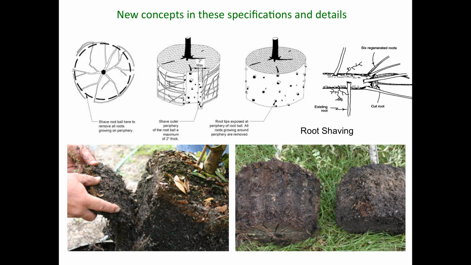This is another one of Ed Gilman's studies where circling roots on the outside of the root ball are removed at planting. Then the roots grow radially out into the native soils after the tree responds. It eliminates potential defects on the outside of the root ball. Next.